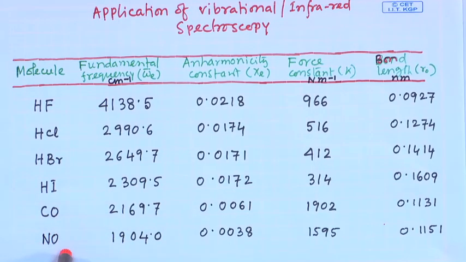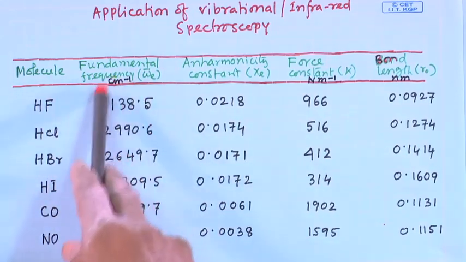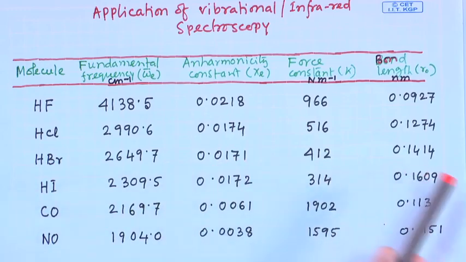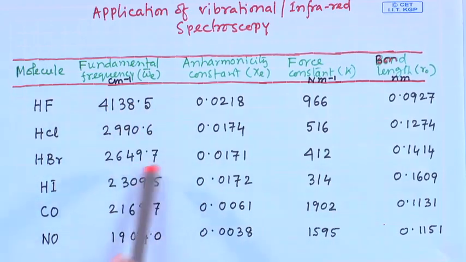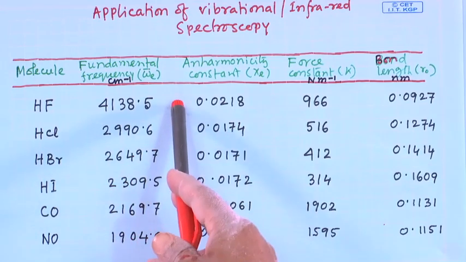Here I have given the fundamental frequency. For the first overtone and second overtone I have also noted the frequencies, but these are the fundamental ones, measured experimentally from the spectrometer.